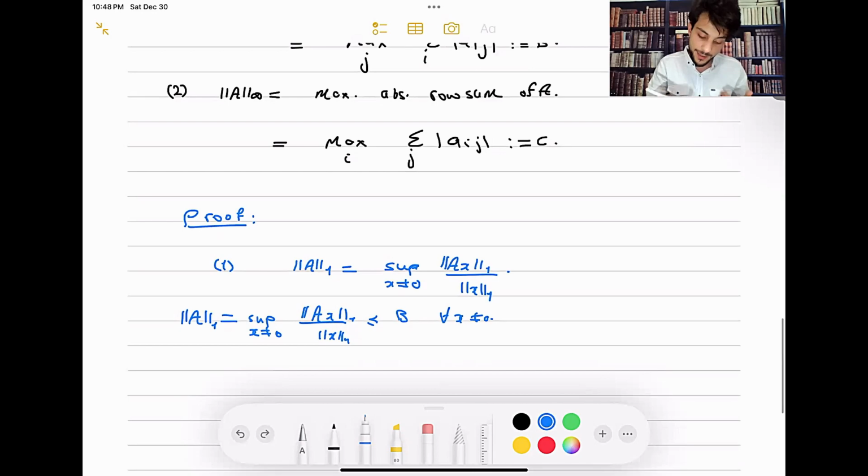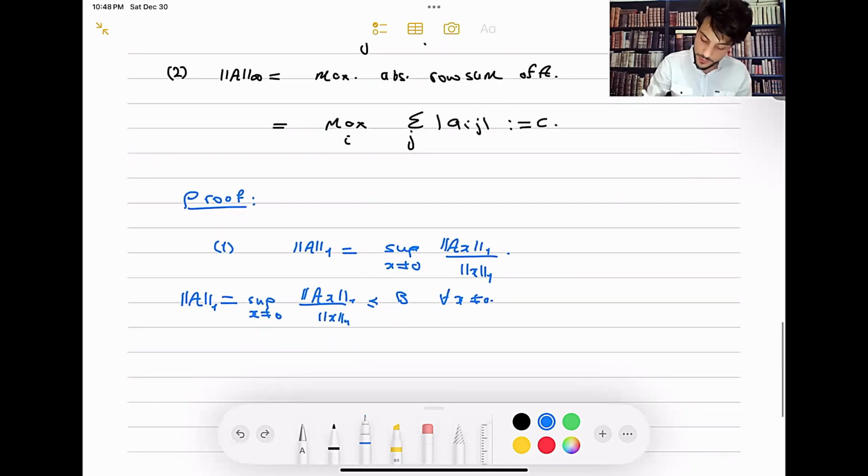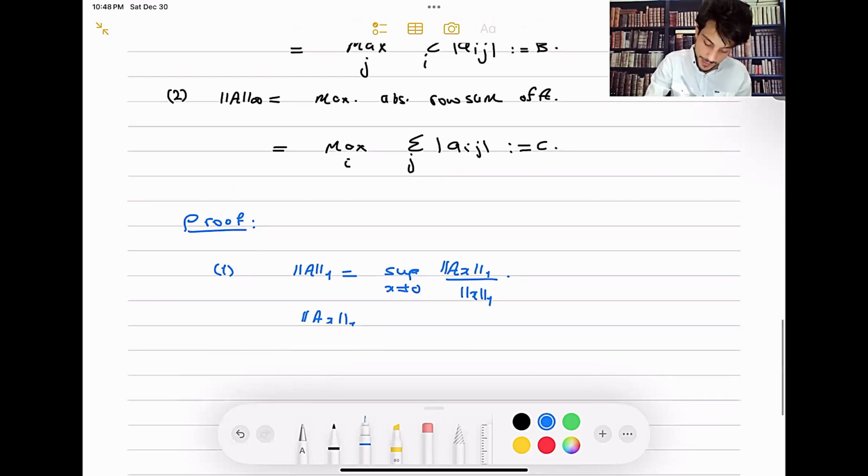So let us attempt to do that. Let us consider a single x, not 0, and let's consider this thing.